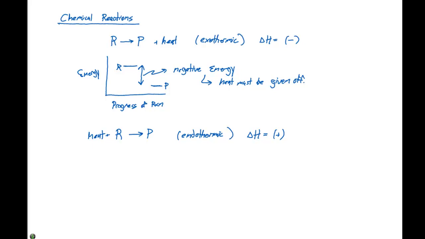So now if we look at our energy reaction progress diagram, we can say that we have energy again on the y-axis, but in this case our reactants are going to be fairly low in energy.